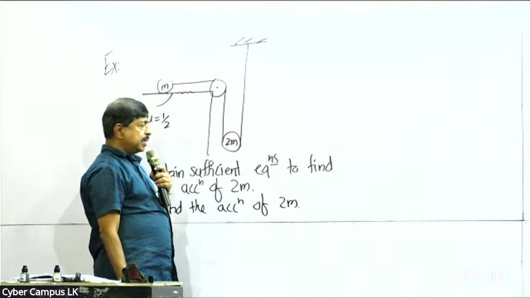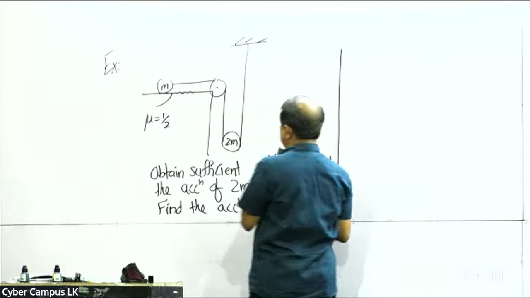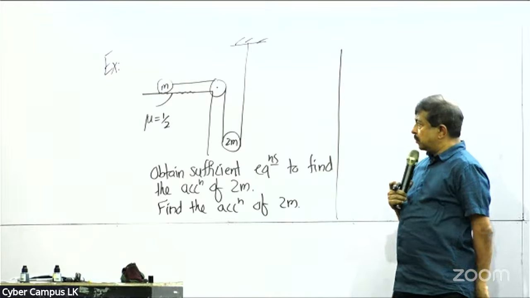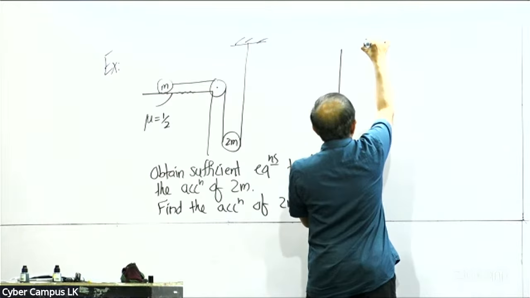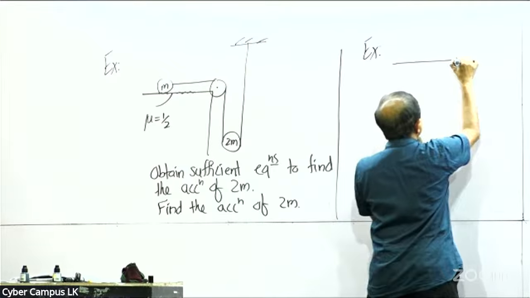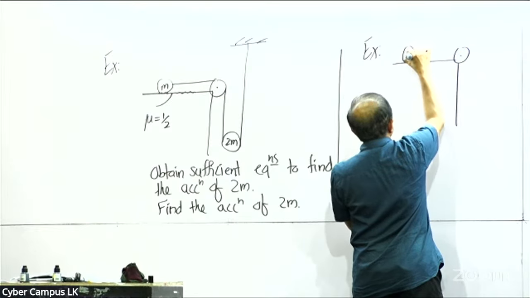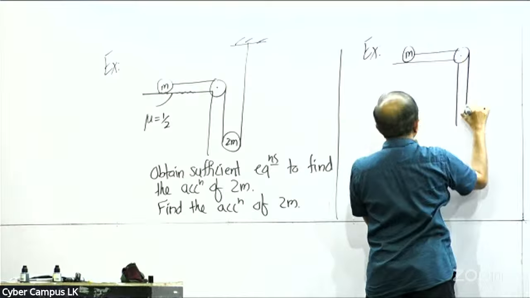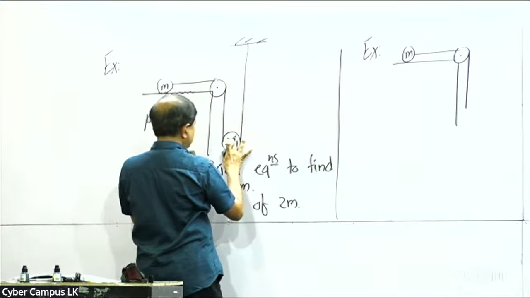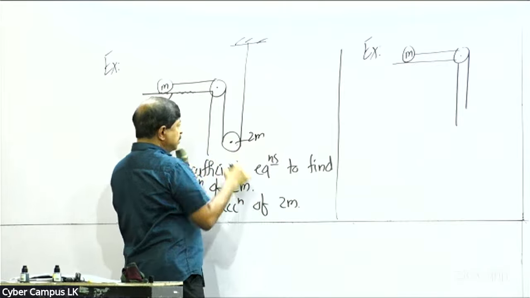Two m is the particle with mass 2m. I don't want to be too wordy there. Now here we have a little problem. There's a friction. So we'll see what we can do. It's kind of a pulley with mass 2m.